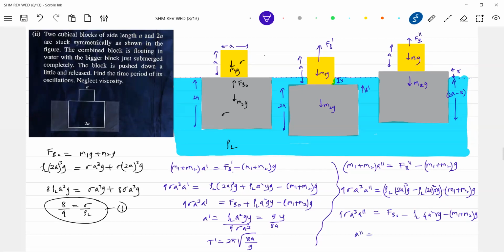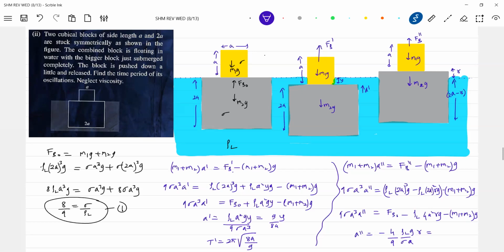A double dash, this should be equal to 4 by 9 rho L by sigma. How much will we get in this one? Minus gR by 2A. 9 will get cancelled, no?